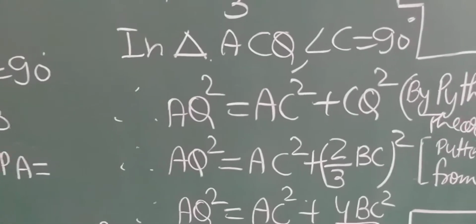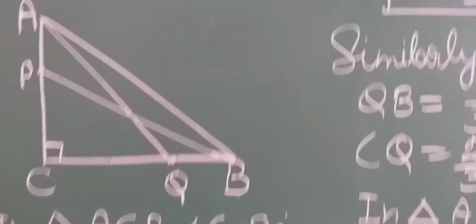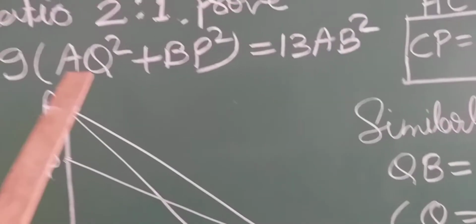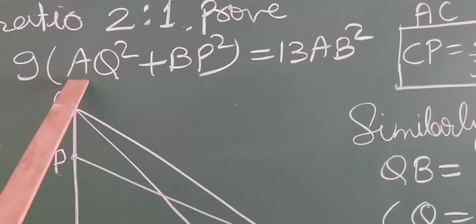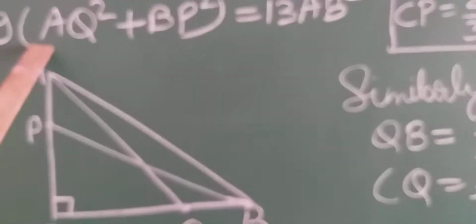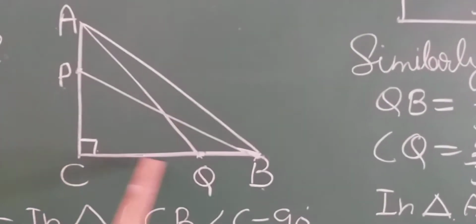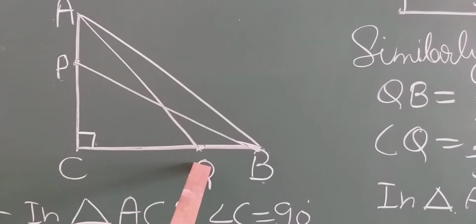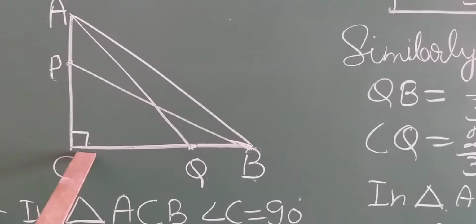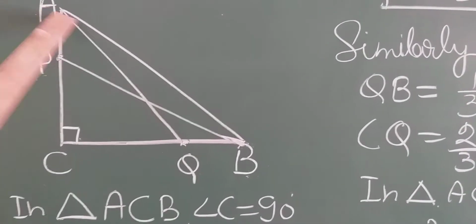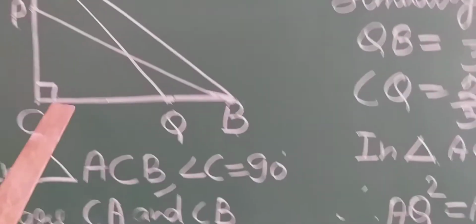Now students, we have to prove 9(AQ square plus BP square). So we first need AQ square. To get AQ square, we take triangle ACQ. In triangle ACQ, angle C is 90 degrees. So by Pythagoras theorem, AQ square equals AC square plus CQ square.